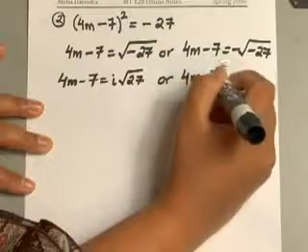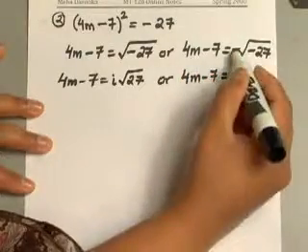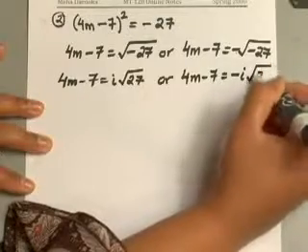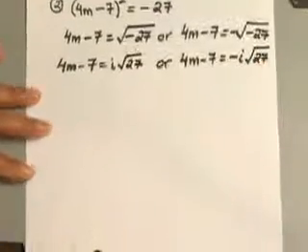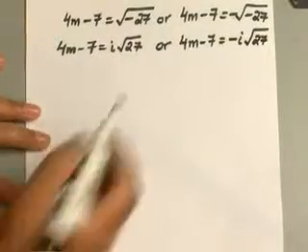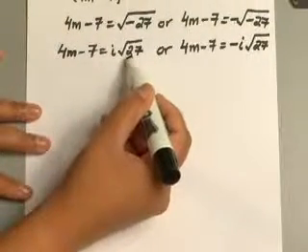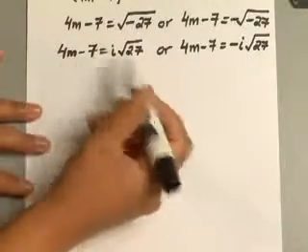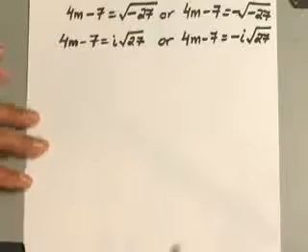Same thing on the other side. Don't forget your negative sign on the outside, and you'll end up with negative i square root of 27. Okay, let's simplify our square root of 27, and then we'll come back and move the 7 from the left hand side and get m by itself.